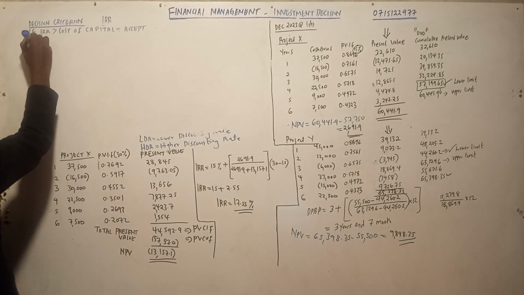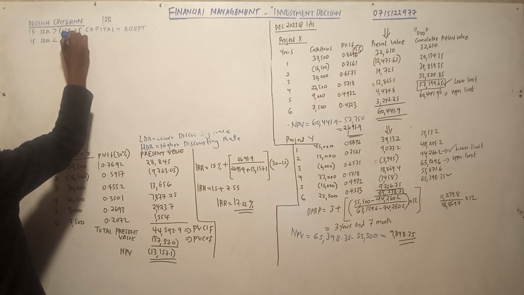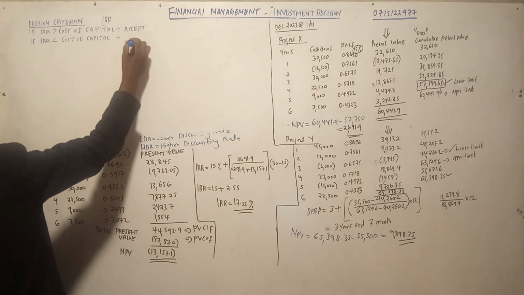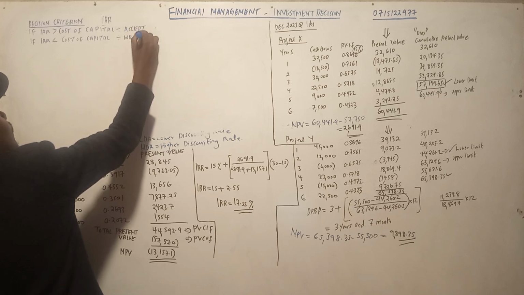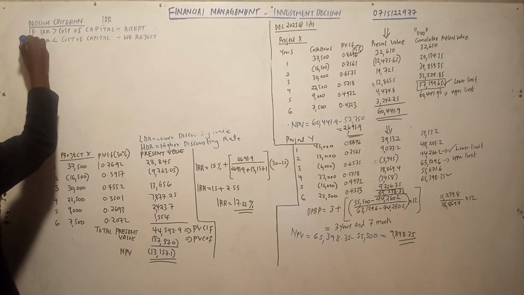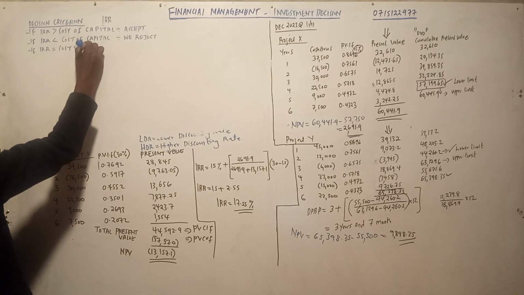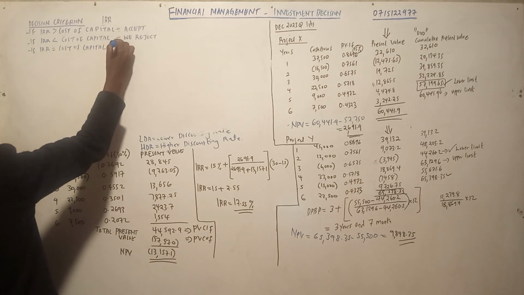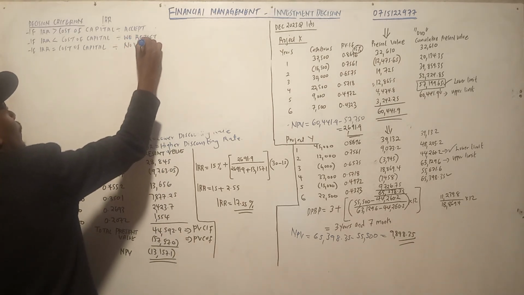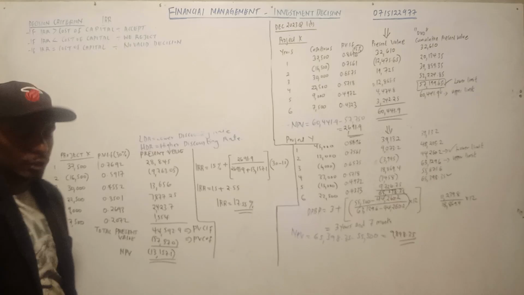Now, if IRR is less than the cost of capital, we reject. Now, if IRR equals the cost of capital, it means no valid decision, or we'll call it the point of indifference.